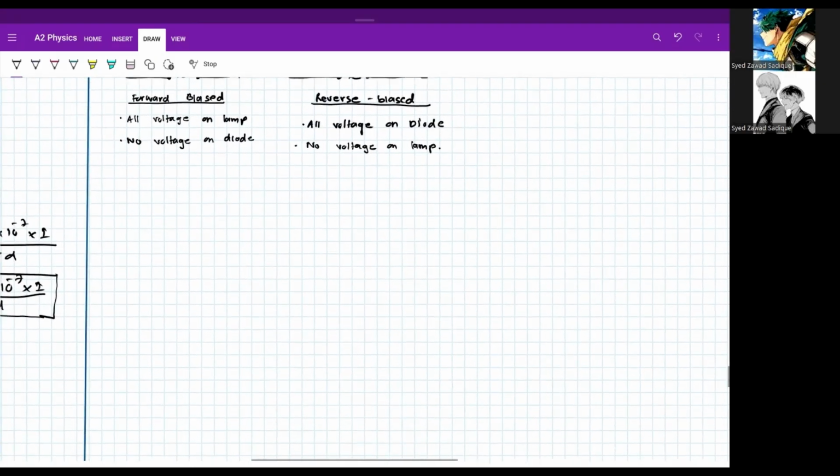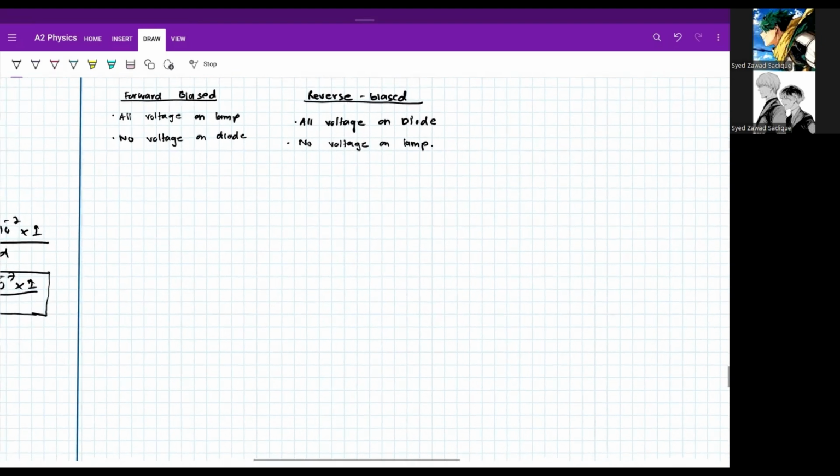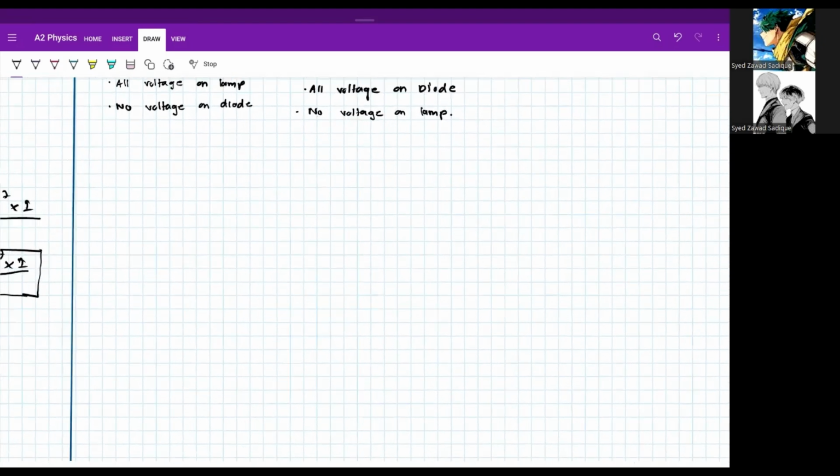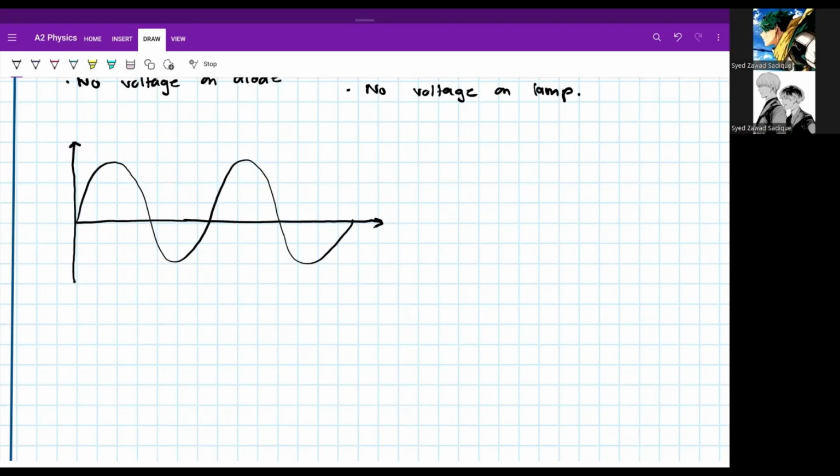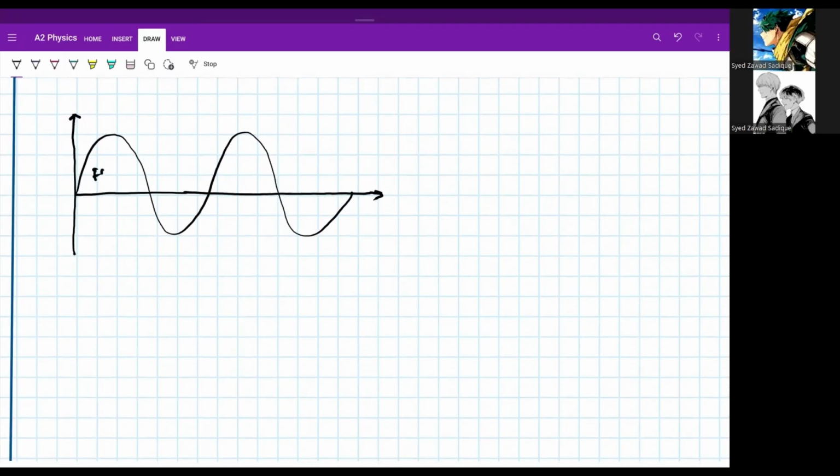Now, how does this look in a graph? So basically, let's draw the input signal and the output signal. So this is forward, this is reverse, this is forward, this is reverse.